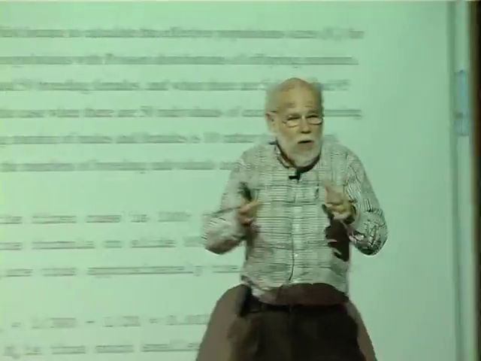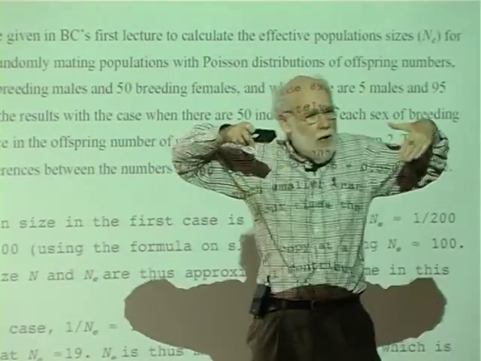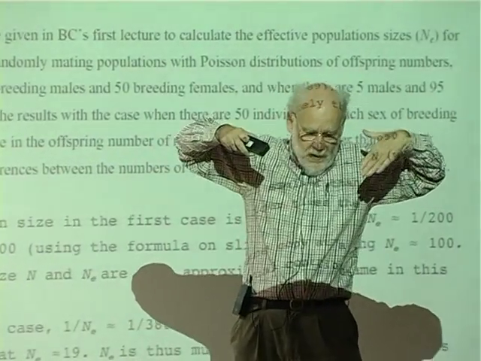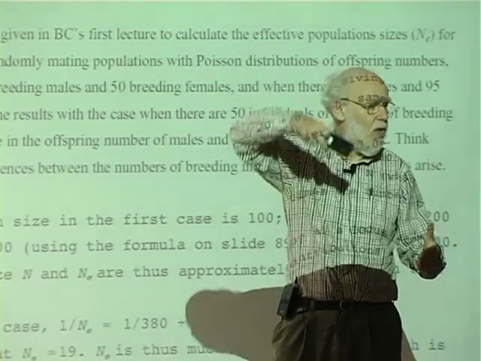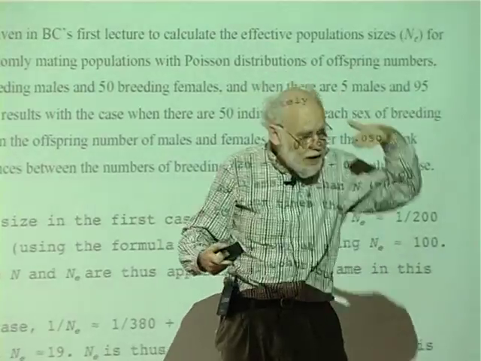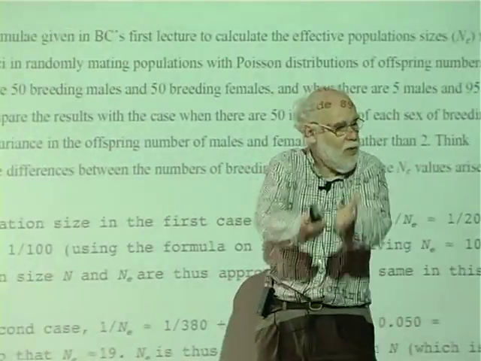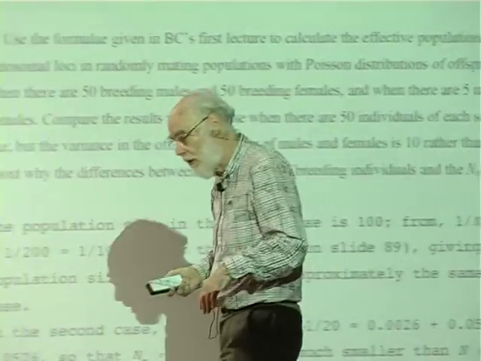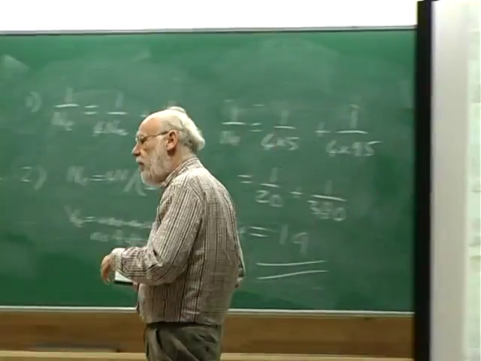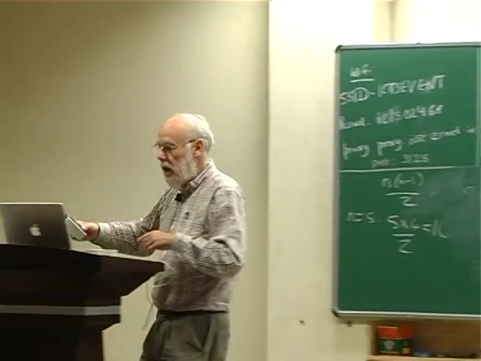So the full answer really is that the number of genes which go through to the next generation, half of them come through males and half of them come through females. So half the genes in the population are going through these 5 males each generation, and that's what really pulls everything down. The other half are coming through the 95 females.